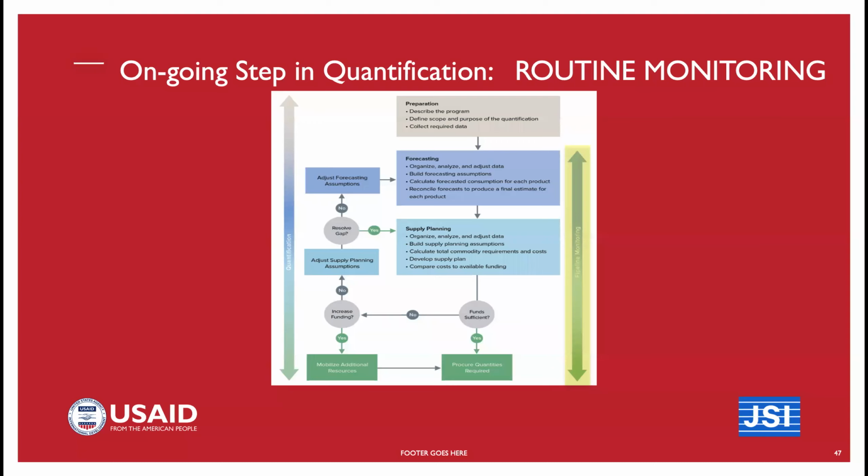We do need to do routine monitoring to verify that what we had assumed and what we had planned based on those assumptions actually comes to pass. If not, then we would need to adjust along the way. And let's talk about this in a little bit more detail now.